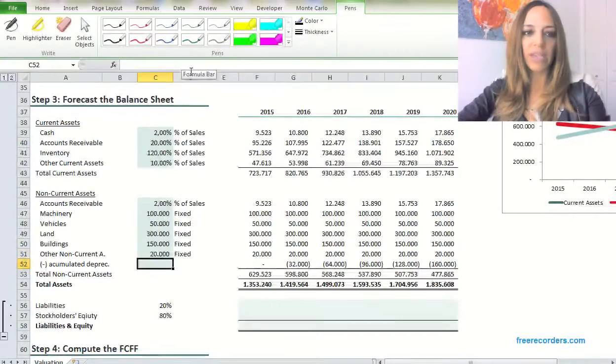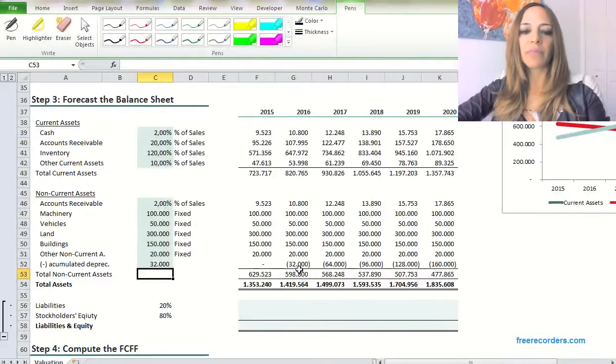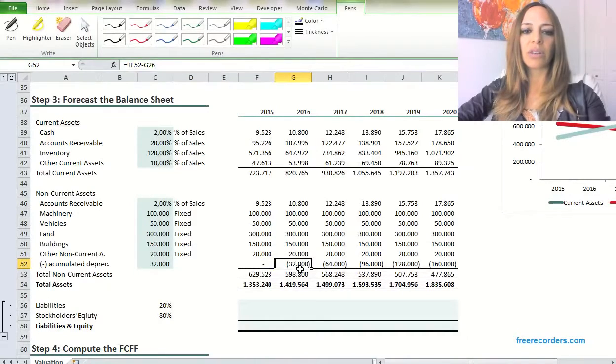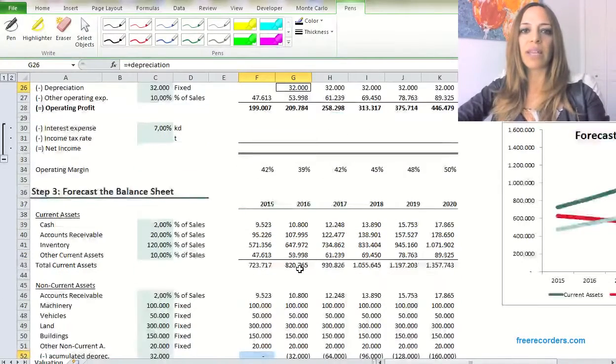And depreciation, which, remember, was $32,000 each year, and we will accumulate, as you can see, starting at 0, the depreciation that we have on the income statement.